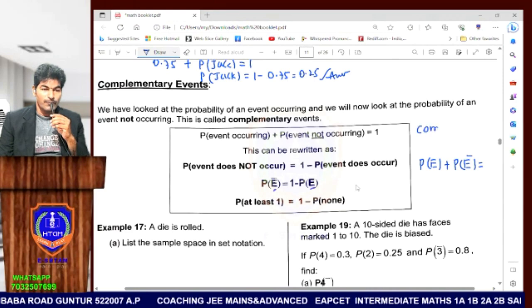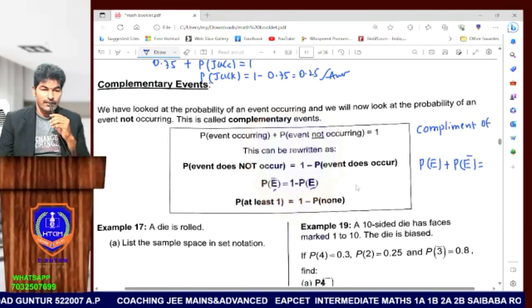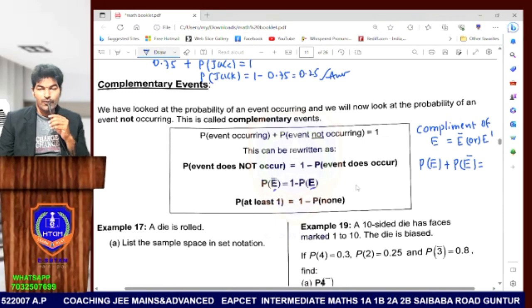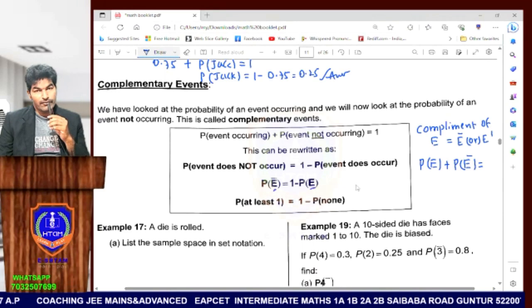Often the complement of E is denoted by E bar or E dash. In both ways, we can represent the complement of an event.